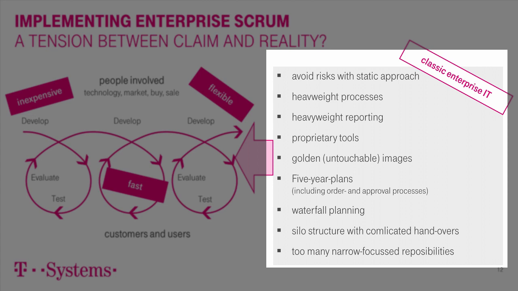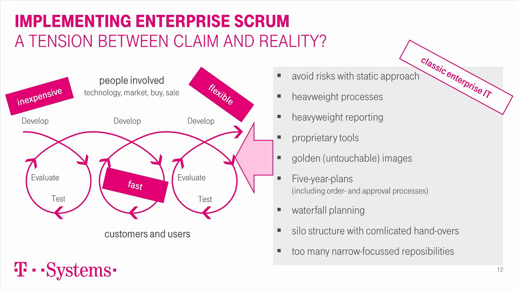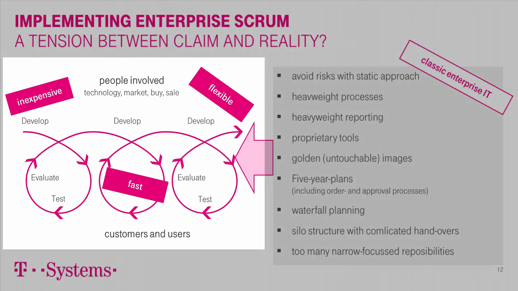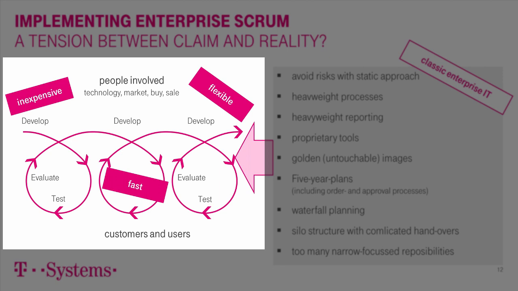Another typical example of classic enterprise IT is the silo structure. Complicated handovers and very narrowly focused responsibilities. The typical case is the harsh distinction between operations and development teams. On the other hand, take a look at the left-hand side.